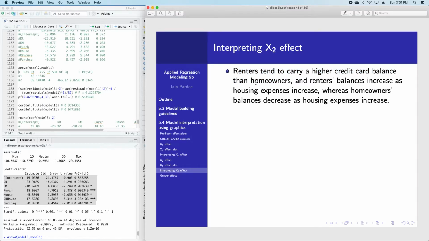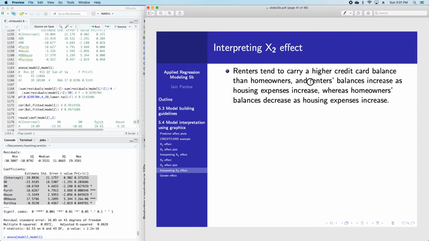If you imagine that perhaps homeowners tend to be more wealthy than renters on average, and so perhaps renters have less access to credit, and so they need to carry a higher balance from month to month. Perhaps that's one possible scenario here.